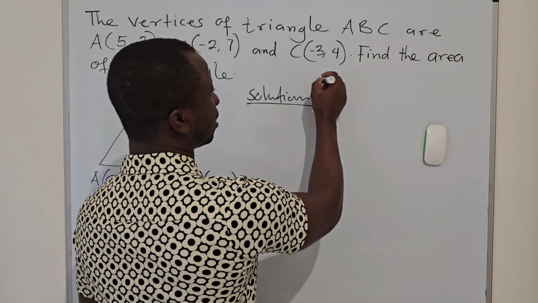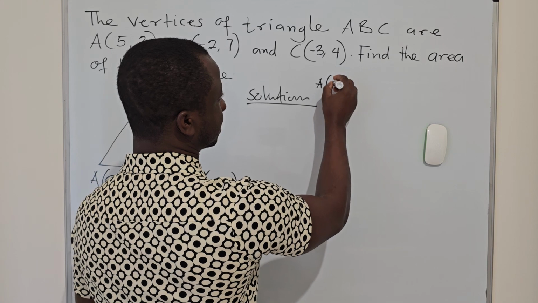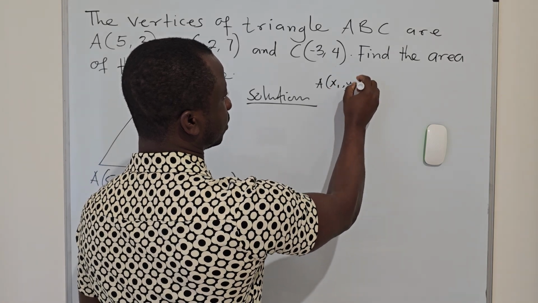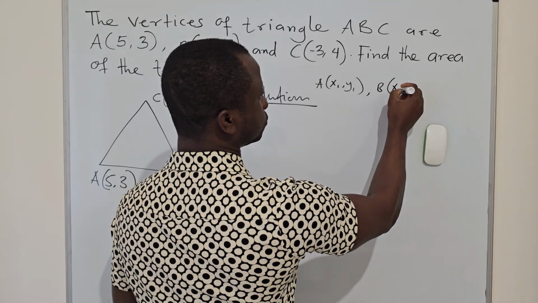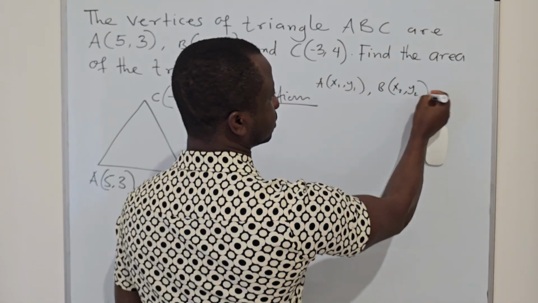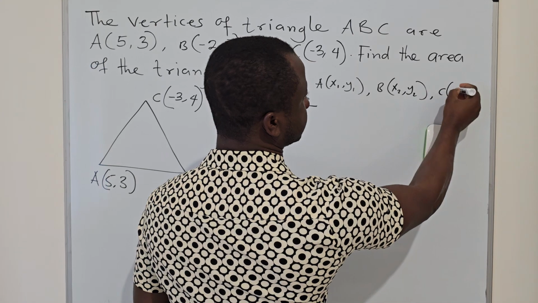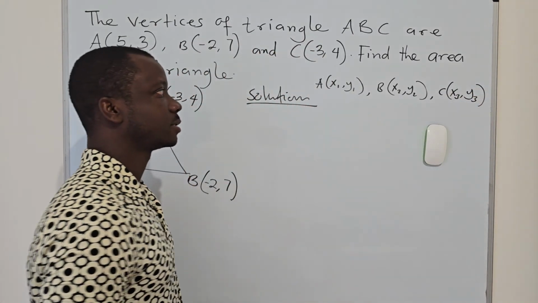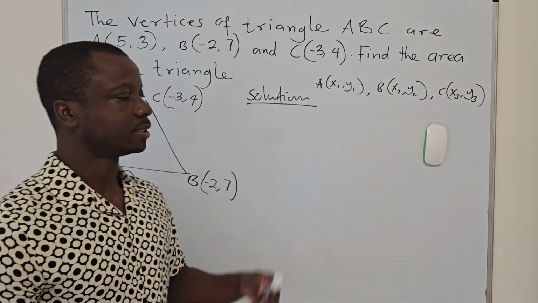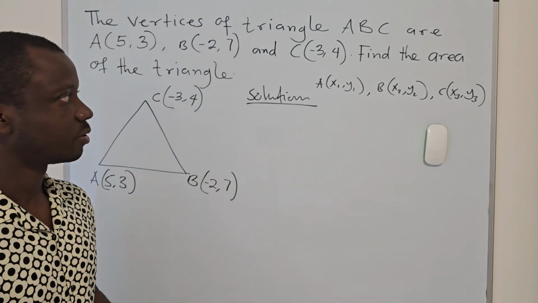So let's assume that we have a triangle with vertices as x1 and then y1, B as x2 and then y2, and then C as x3 and then y3. With these vertices, we are going to create a formula for it.